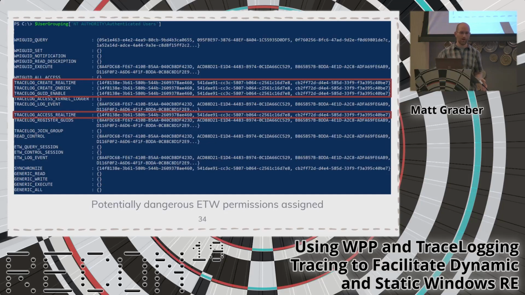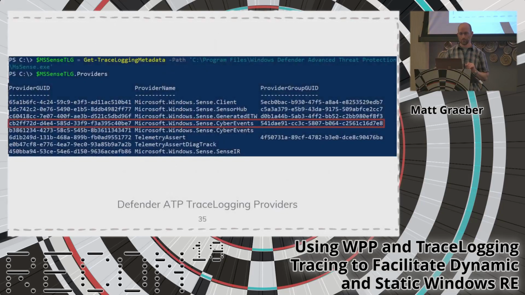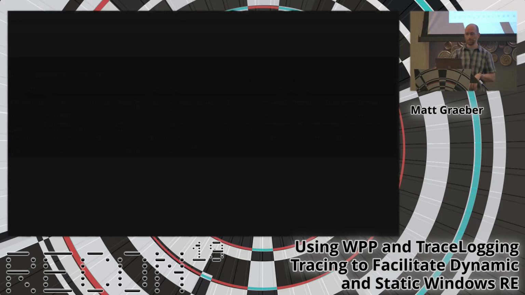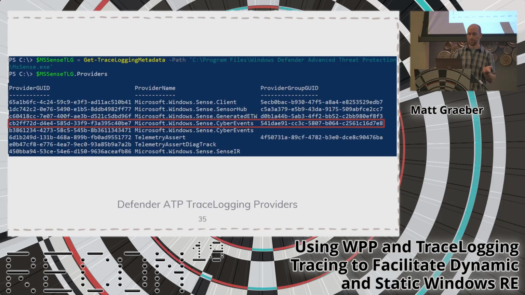So I just wrapped the APIs, and I specified just one of those as my trace session GUID, since I'm allowed to do that. And then the other step would be to add the Cyber Events ETW provider, the one that starts with CB2F, to the trace session that I just started, and then the events will start flowing.